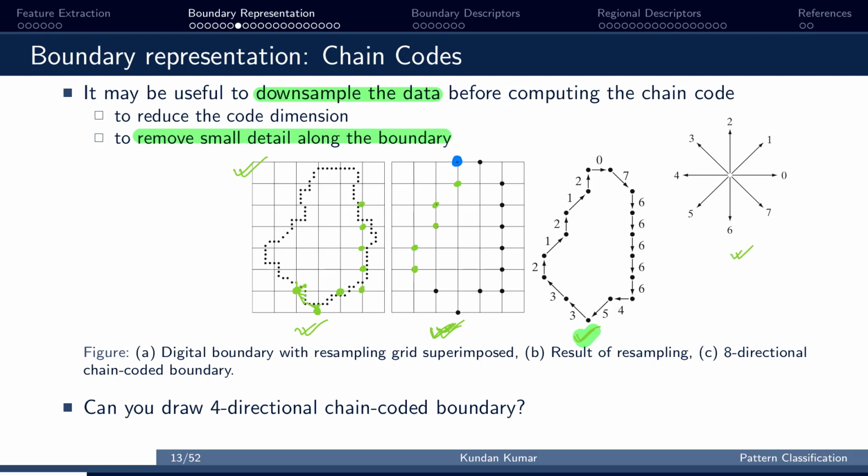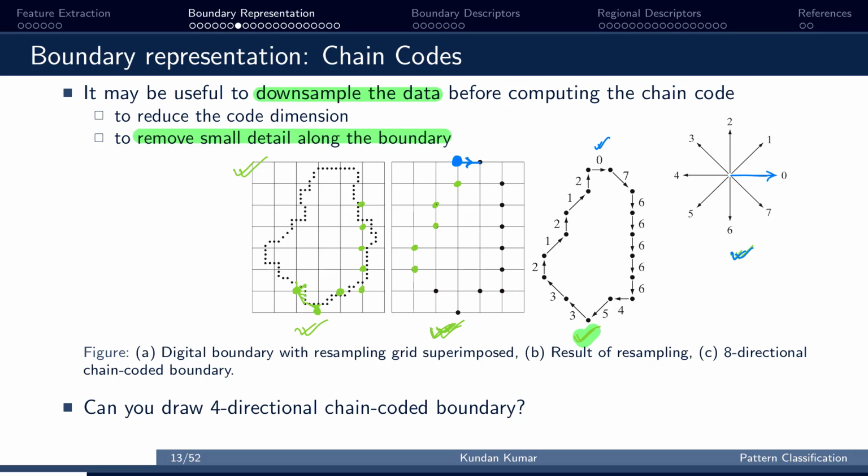We scan all the grid points related to the boundary clockwise. This is our next grid point, and this is the direction; when we map this direction in the encoder, we find that it is encoded with 0. So here we have 0.